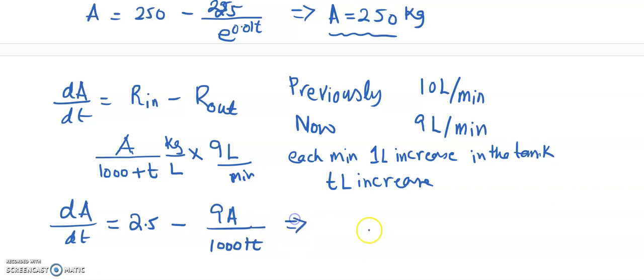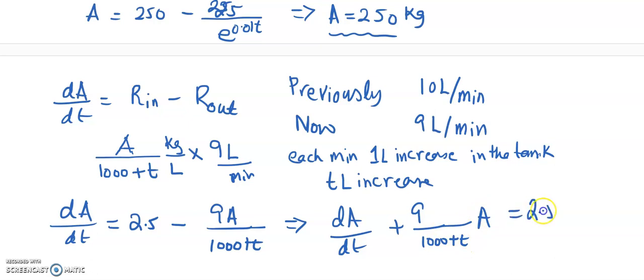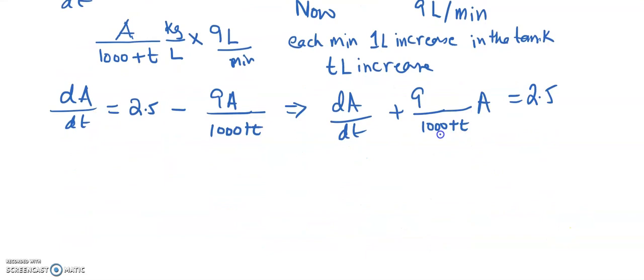So this differential equation can also be solved. It is a linear first order differential equation. You can write it in a standard form like this, equal to 2.5, and the integrating factor we can find as follows: mu is equal to e power integral of 9 over 1000 plus t dt.